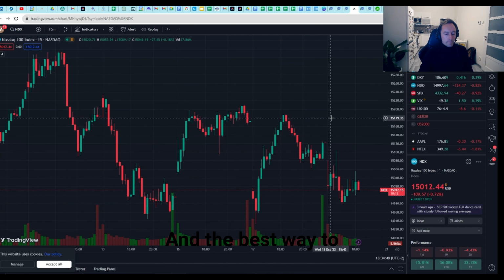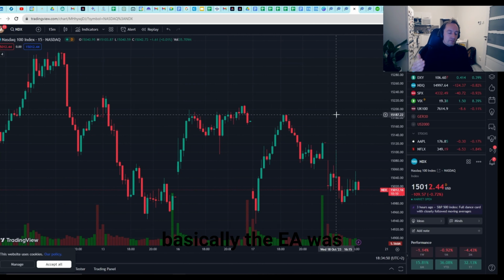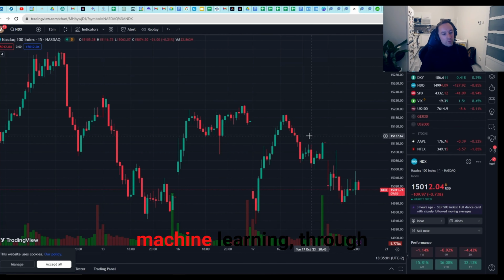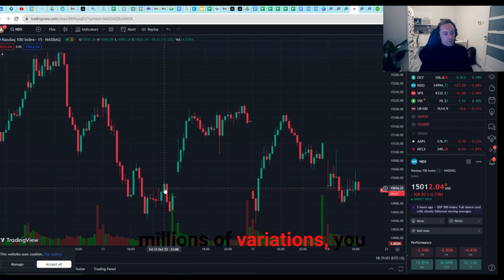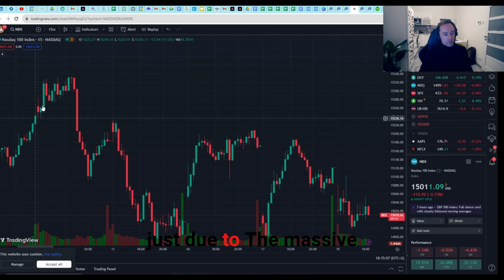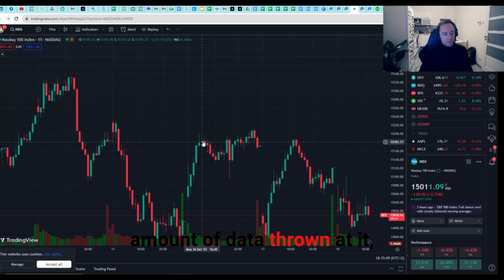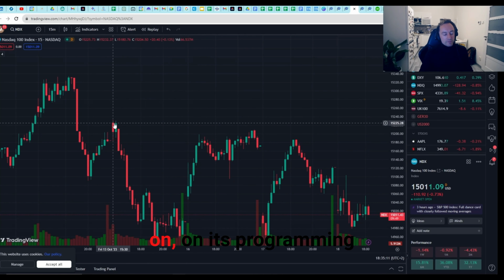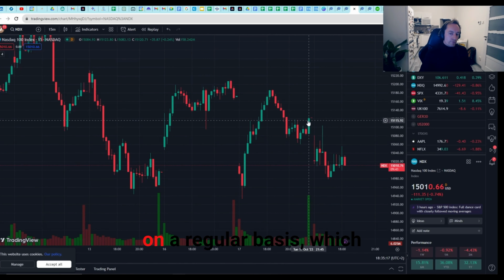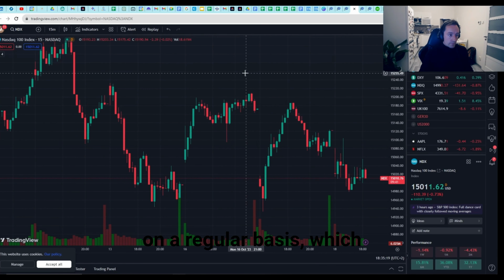The best way to think about it is that the EA was caused by the graph, not the graph caused by the EA. Through machine learning, through millions of variations, you can have a bot that, due to the massive amount of data thrown at it, will be buying and selling based on its programming at nearly perfect points on a regular basis, which sounds great.